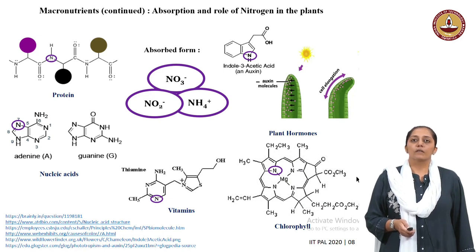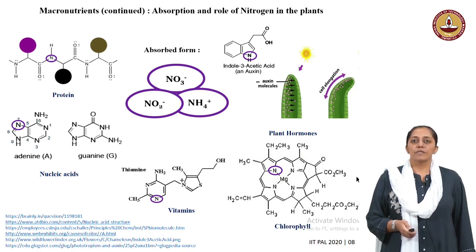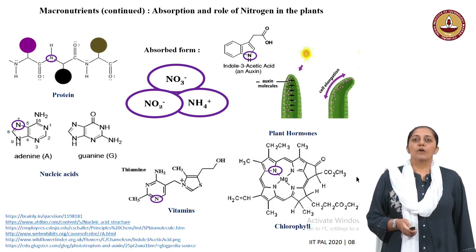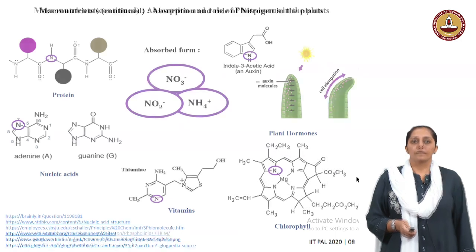So, auxin is transported to the tip of the stems where it gets accumulated in the presence of sunlight on the darker regions, causing cell elongation.